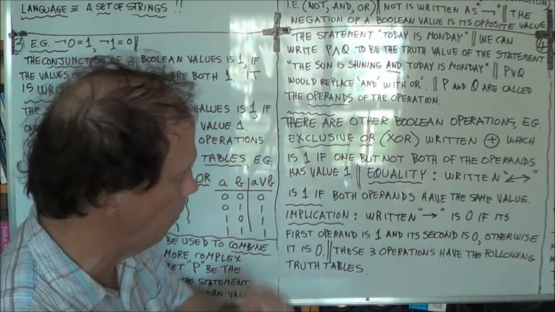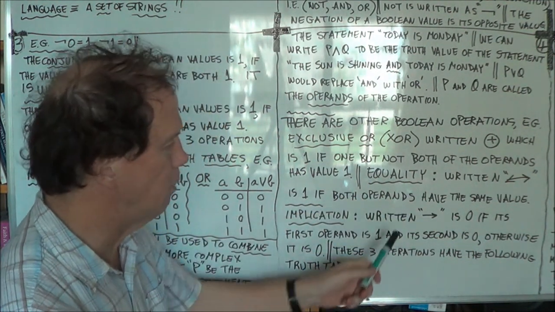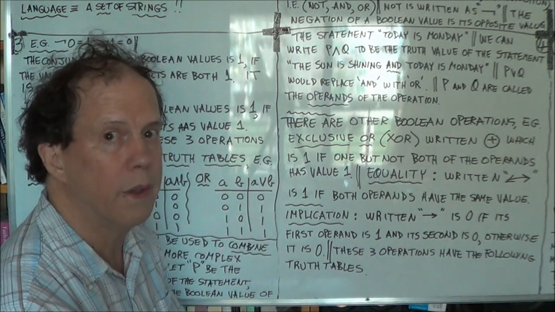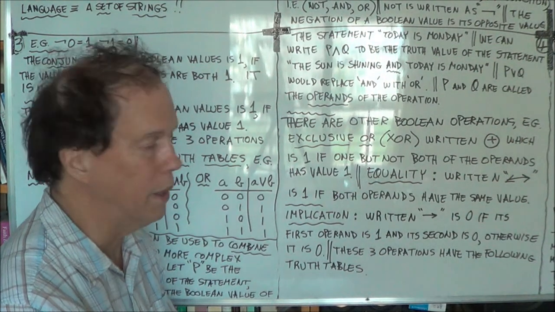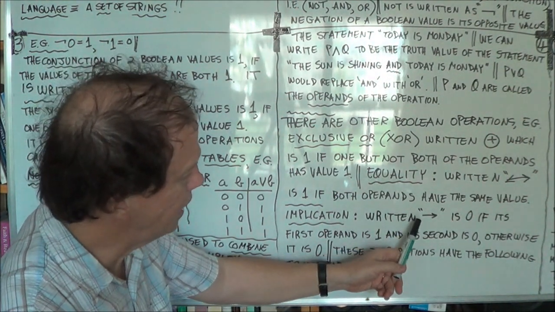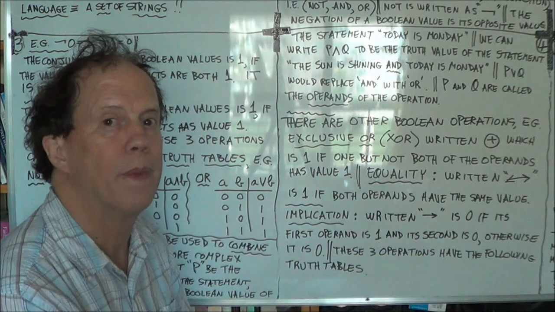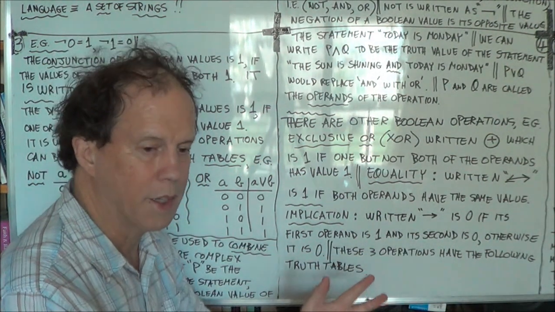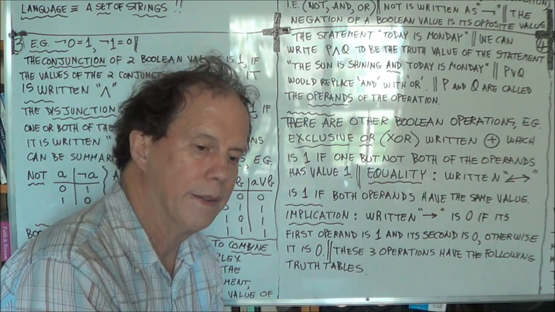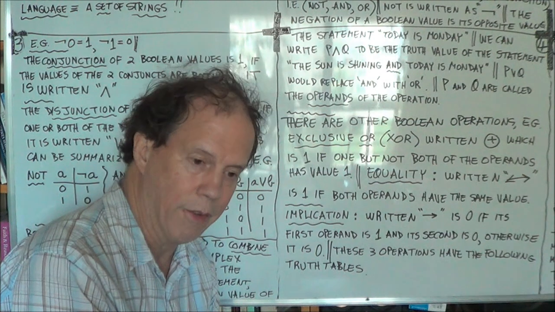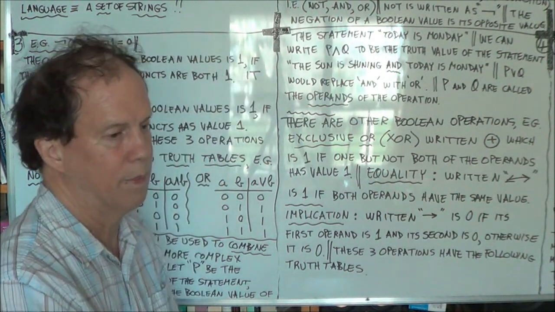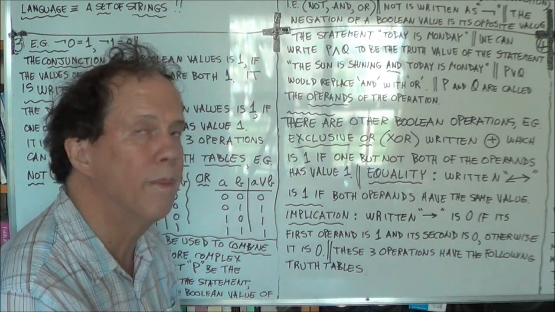It too uses 2 binary variables, A and B, so you'd have A arrow B. That expression, those 3 terms, A arrow B, has a binary value.